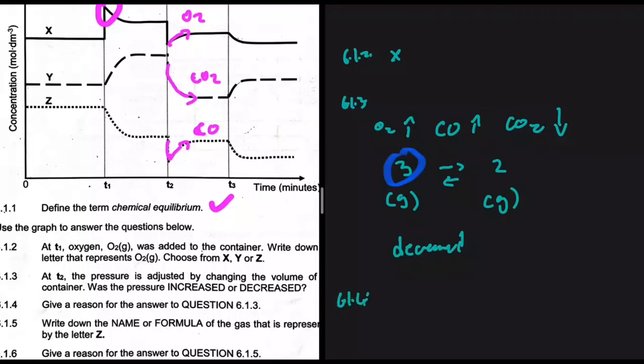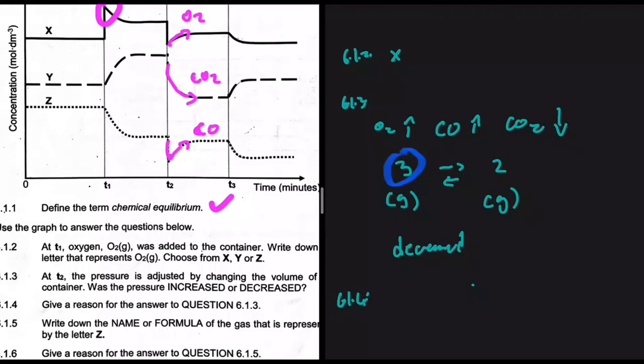6.1.4. Why are we saying that the pressure was decreased? Reverse reaction was favored. Let me just tell you. Reverse reaction was favored, and when it is favored, it leads to more number of moles of gas, hence increasing the pressure. The only way our system would react in this manner, where the pressure is increased, is if there was a decrease in the pressure.